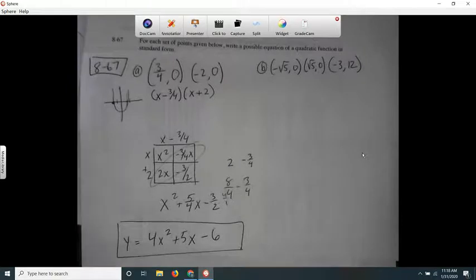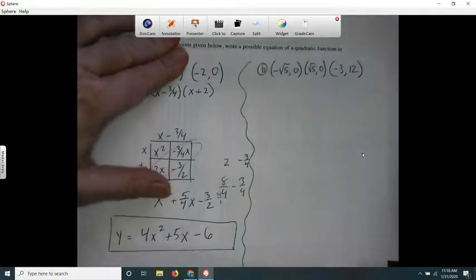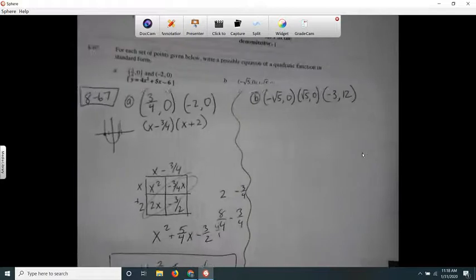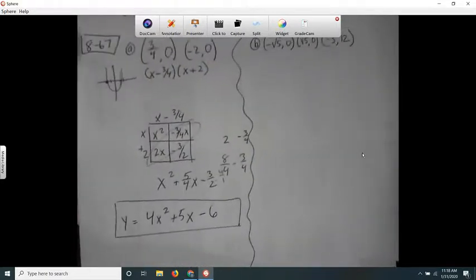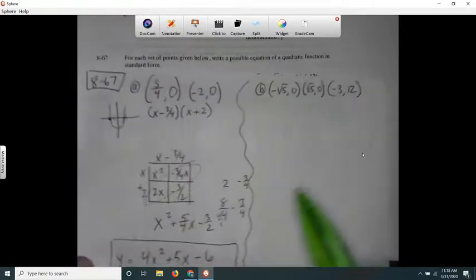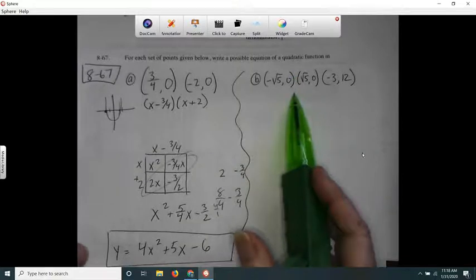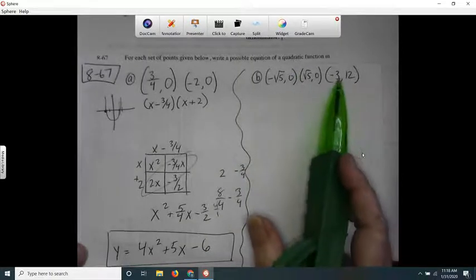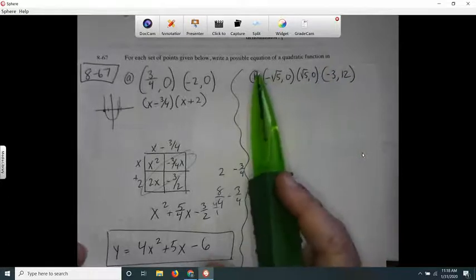Okay. Now this one's going to be a little bit different, this one over here, because they're just saying get a possible equation of a quadratic. If I simply do the same thing as I did on this one, I would have to test and make sure the negative 3, 12 actually is on the graph.